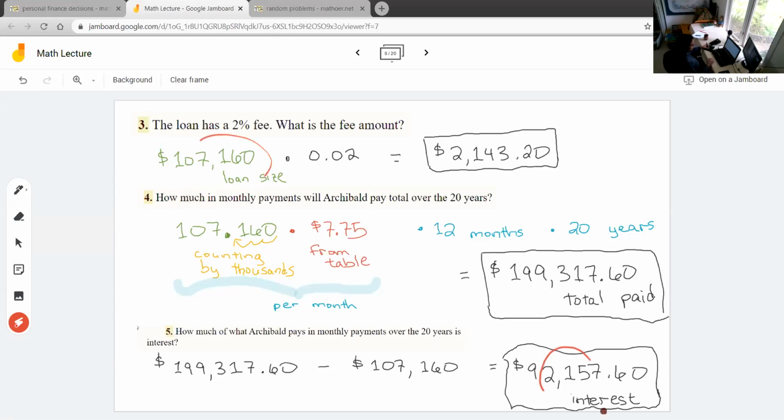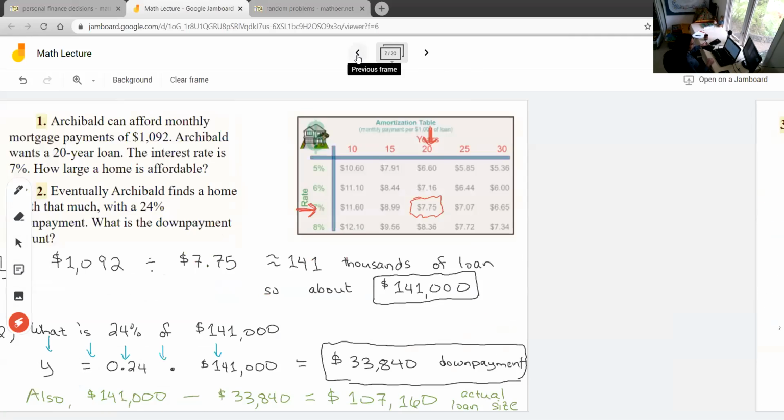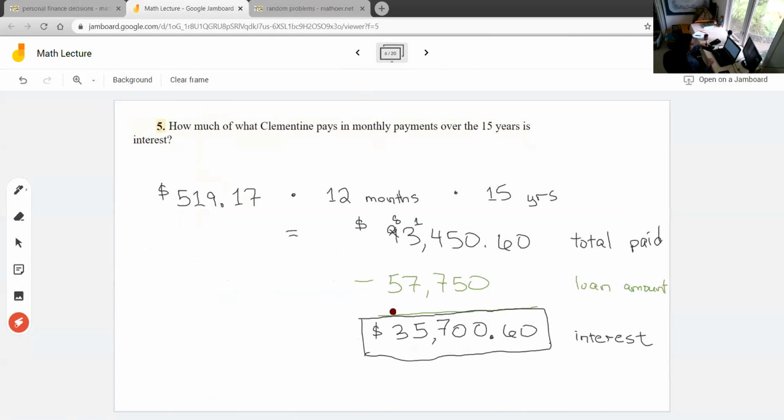They're not the same. The interest is smaller, but pretty close. So 30-year loans, the interest is much bigger. 15-year loans, the interest is much smaller. 20-year loans, it's fairly close.